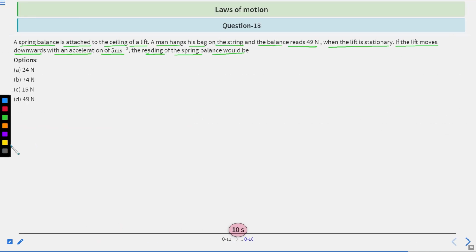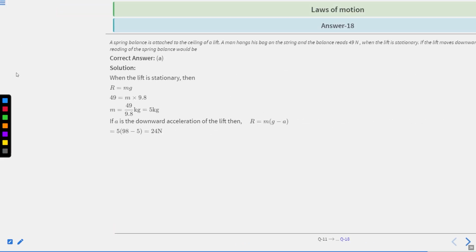If the lift has a downward acceleration, R equals m(g minus a), then the force is 24 Newton. So the correct answer is 24 Newton. Option A is correct. So this is the last solution.